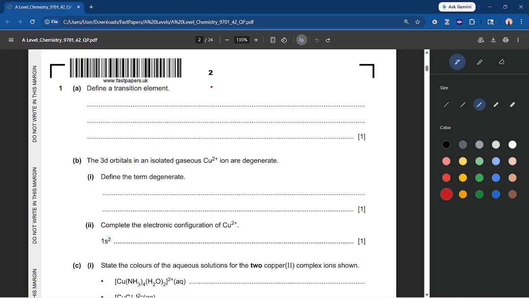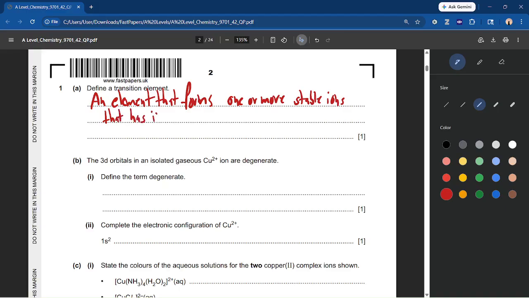We're going to say that it is an element that forms one or more stable ions when that has incomplete 3D, this is important, 3D orbitals.